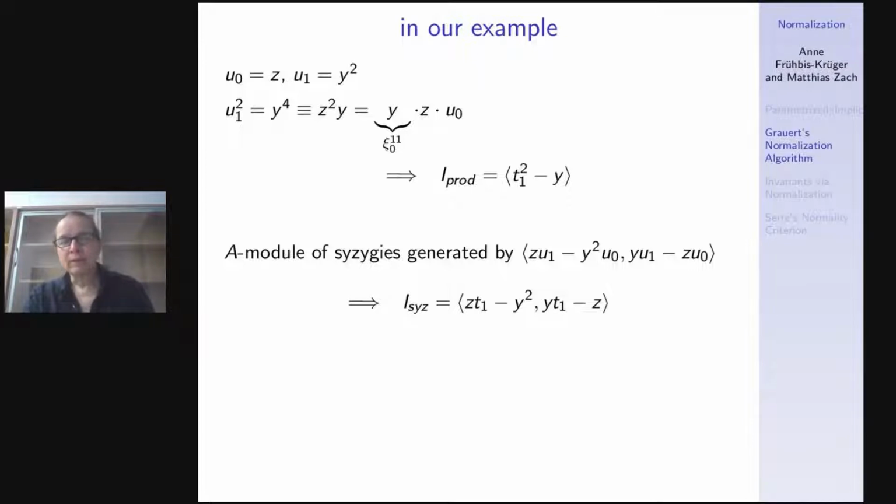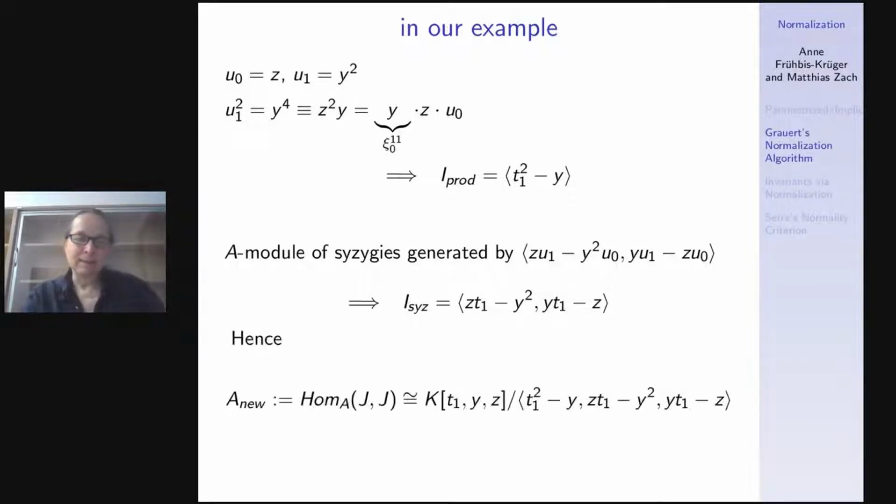Now, for the syzygies, we have certain other relations, and we also translate them. That's better to read on the slide than to discuss in a lecture. And in the end, we have this ring here. Now you say, a parametrization. Yes, a parametrization. We still have 3 variables in here, but if you look at the equation, y minus t1 squared, and substituting y by t1 squared, we get z minus t1 cubed.